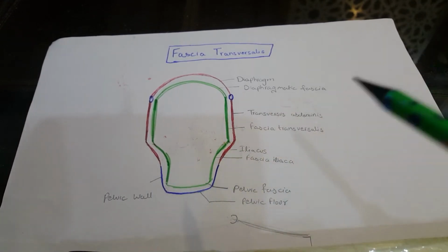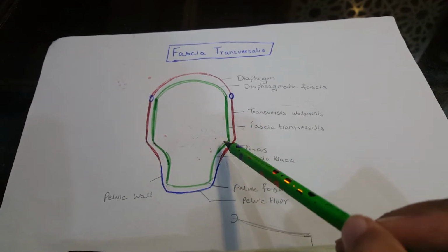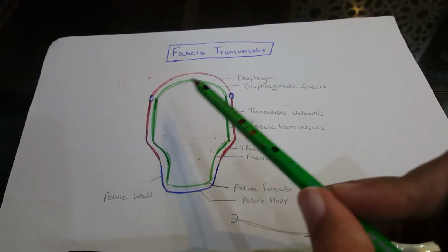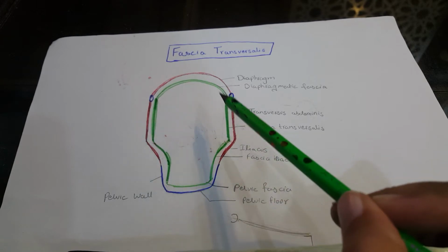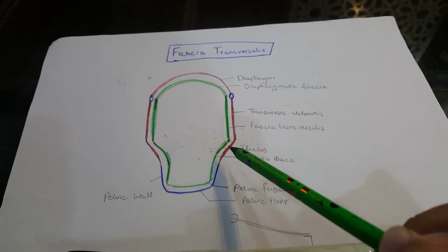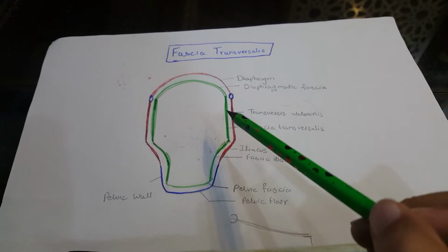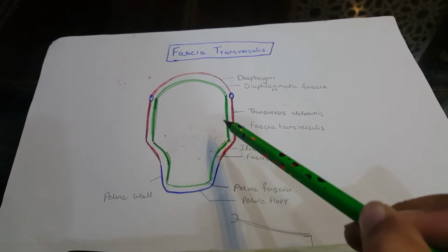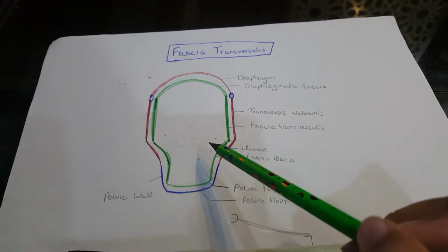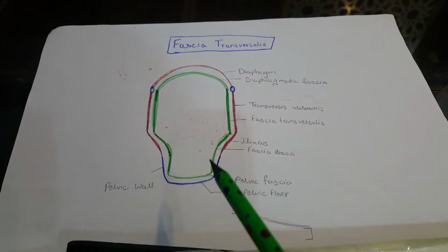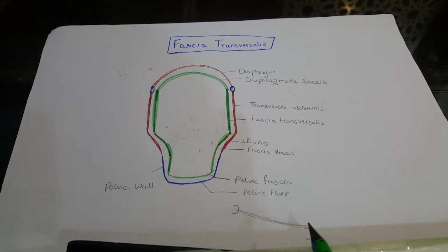If we discuss the boundaries of fascia transversalis, as you can see in the diagram, superiorly it continues with the diaphragmatic fascia, inferiorly it continues with the fascia iliaca, anteriorly linea alba is present, and posteriorly thoracolumbar fascia is present. Medially, fascia transversalis is attached to the pubic tubercle, pubic crest, pectineal line, and it continues in the thigh in the form of the anterior wall of the femoral sheath.